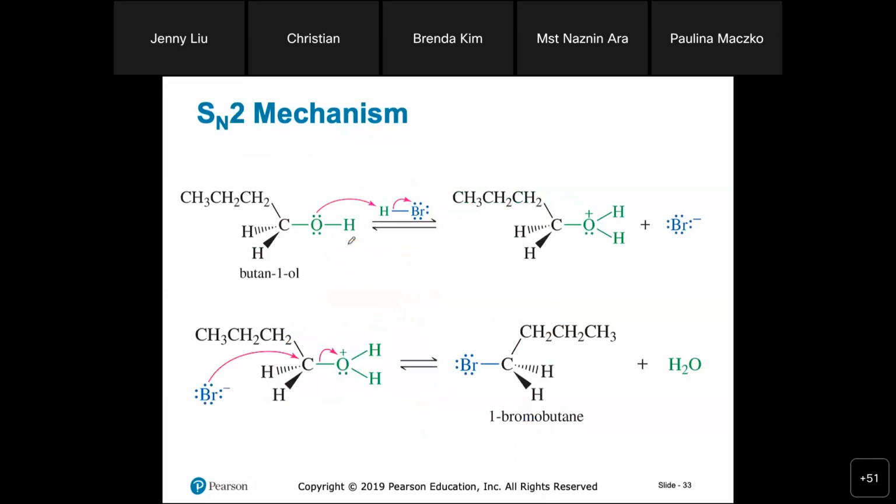However, if we look into the substitution 2 reaction, we will see they depend on two types of reactants. For example, if we consider substitution reaction AB plus C, the product might be AC plus B. So this substitution 2 reaction depends on the concentration of two reactants.